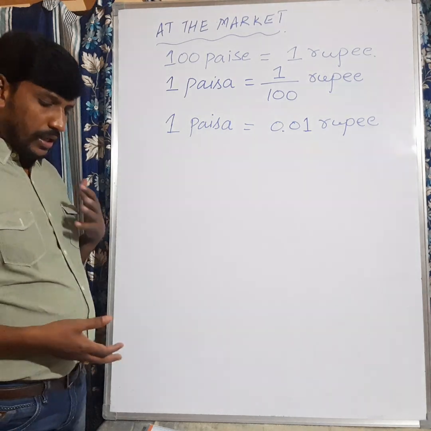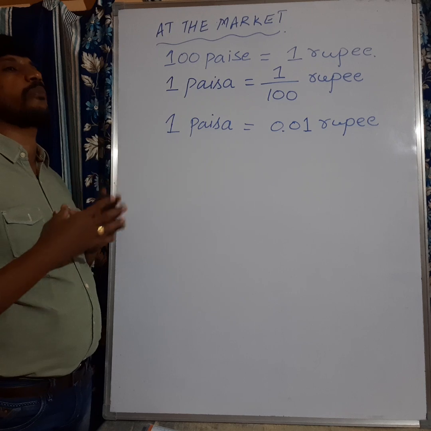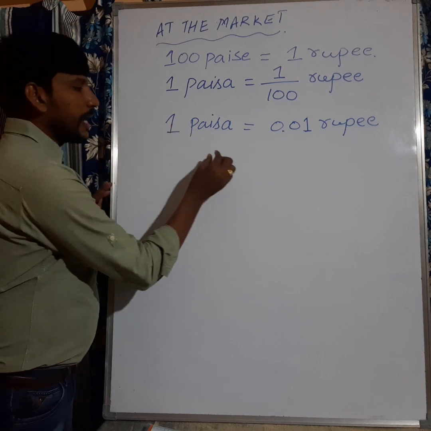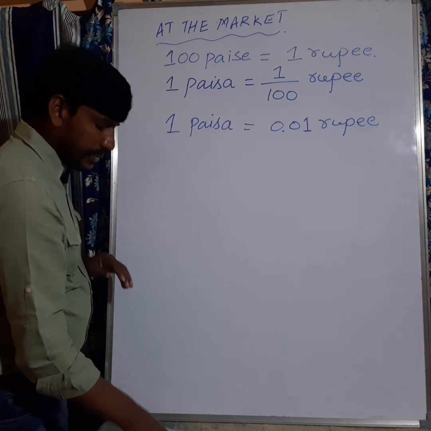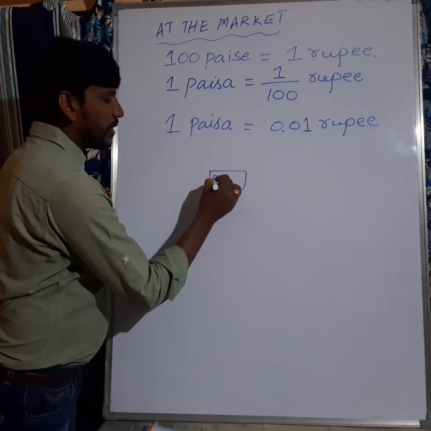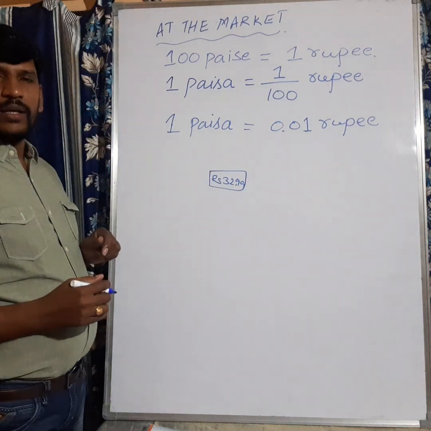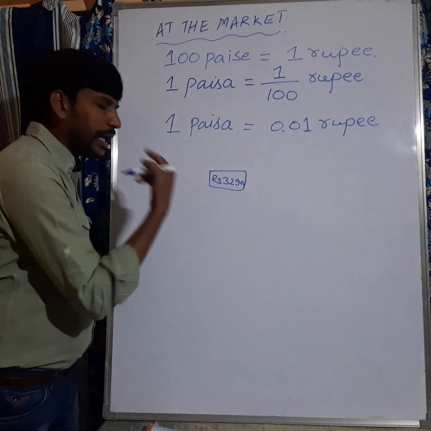Okay. So now see, if you go to any market or any supermarket, they tag like this. Suppose the chappal cost tag is rupees 32.99. That means we have to pay 33 rupees.